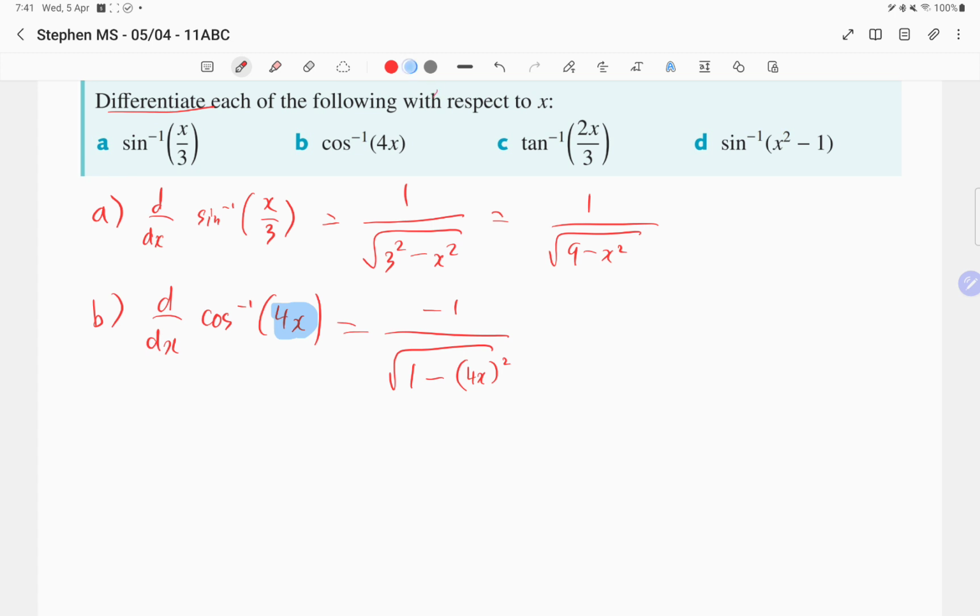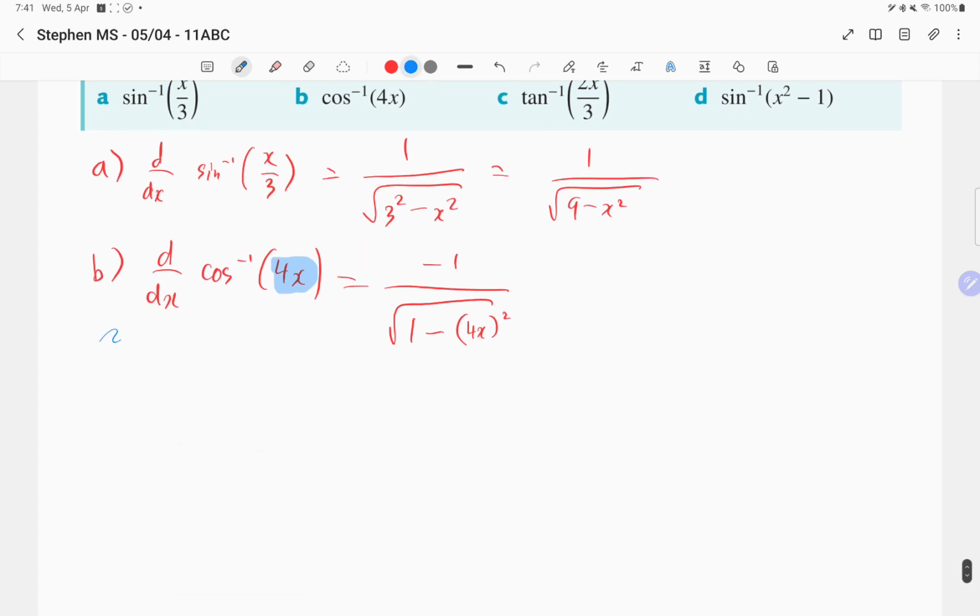Think of this as a function in a function. Let u equal 4x, so u dash is 4. Let y equal inverse cos of u, so y dash is minus 1 over square root of 1 minus u squared, and u is 4x.